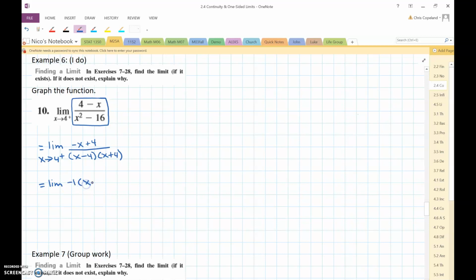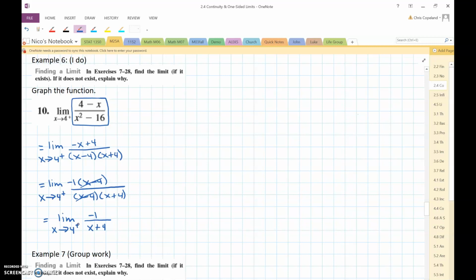So then I have negative 1 times x minus 4 all over x minus 4 times x plus 4 as x approaches 4 from the right. Then I think you can see here this reduces. So we have the limit of negative 1 all over x plus 4 as x approaches 4 from the right.